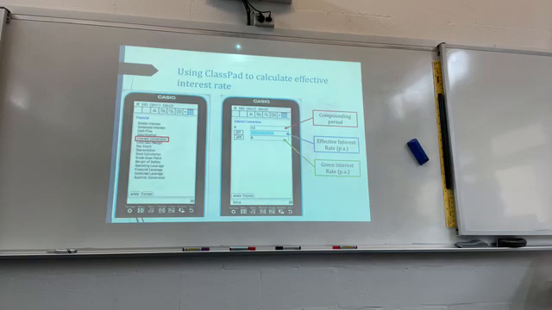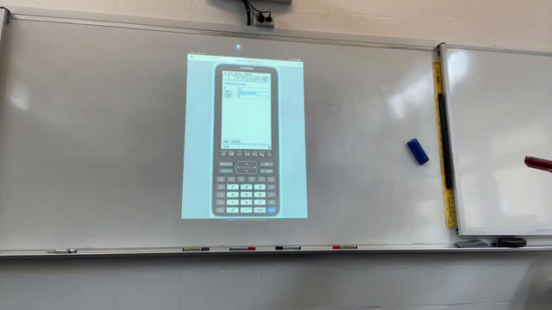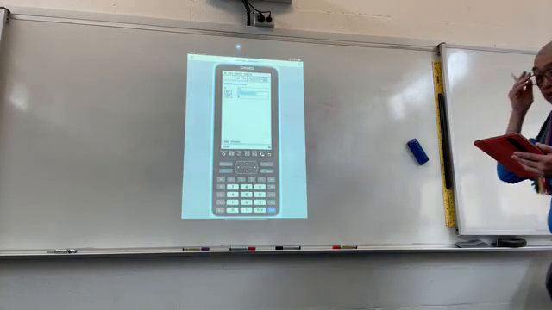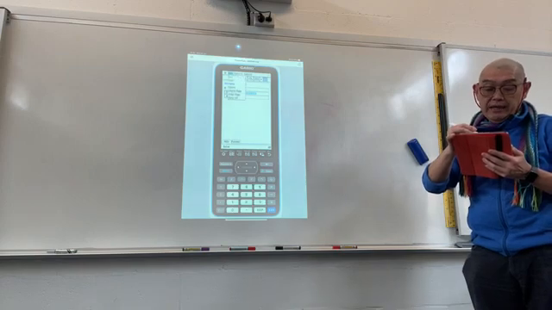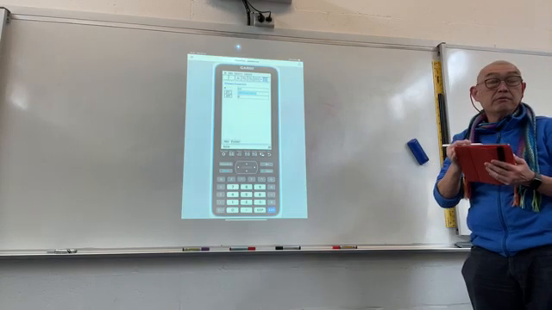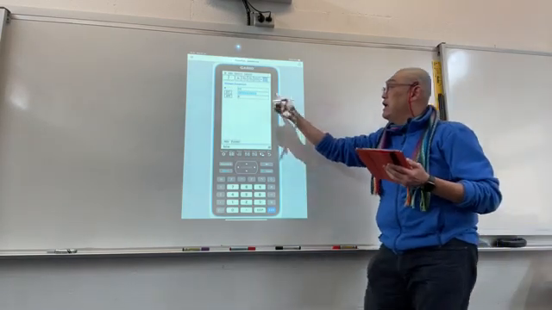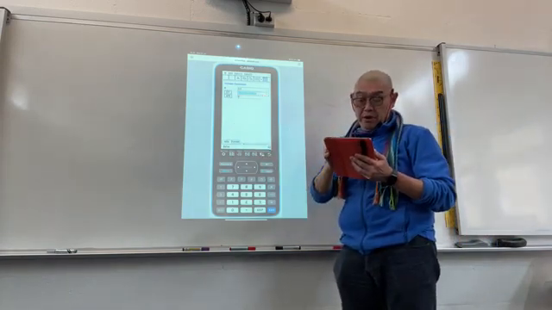Alright, effective interest rate. So if I use my ClassPad, I've got that. What I need to do is, once you know the effective interest rate, I go to edit and copy it so that it's in the memory.